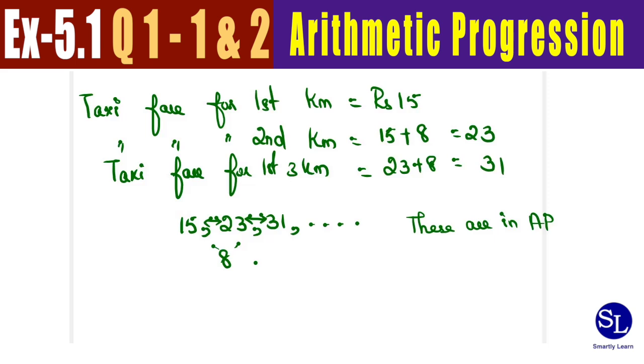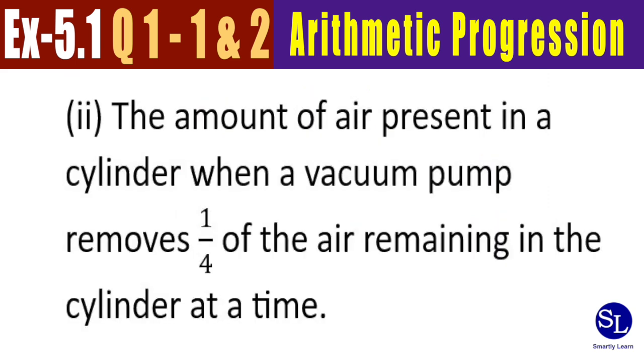Now let us look at the second sum. The amount of air present in a cylinder when a vacuum pump removes 1/4 of the remaining air in the cylinder at a time. Let us look at the condition first.